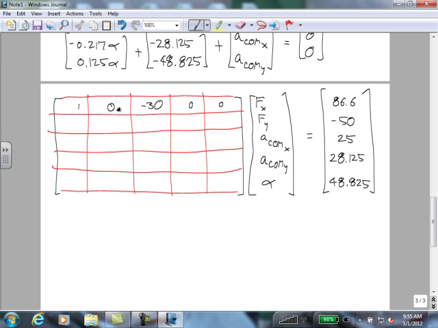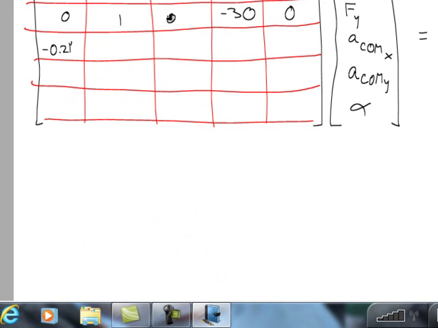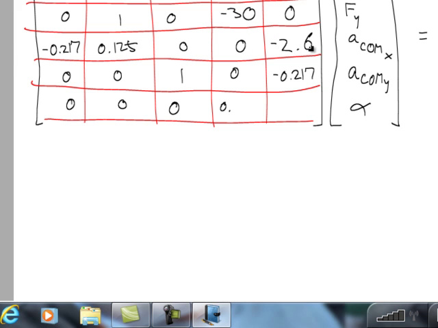So 0, 1, 0, negative 30, oops, 0, negative 0.217, 0.125, 0, 0, negative 2.6, 0, 0, 1, 0, negative 0.217, 0, 0, 0, 0.125, no, sorry, these two are wrong.